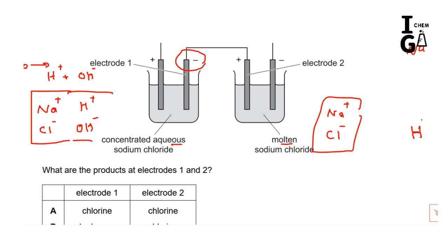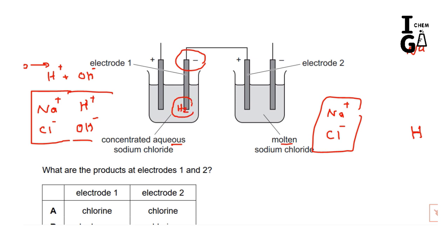Again, the less reactive one in the reactivity series, and take care, hydrogen is not a metal, is generally more likely to be attracted to the cathode, which is negative. So now hydrogen will be reduced and attracted to the cathode to form H2 gas.